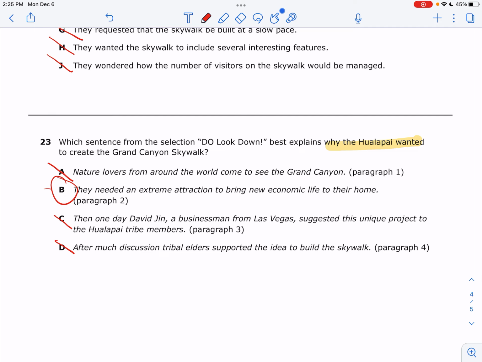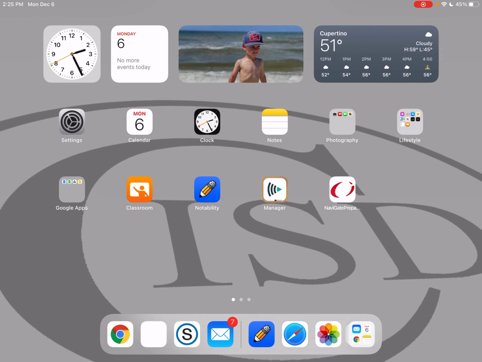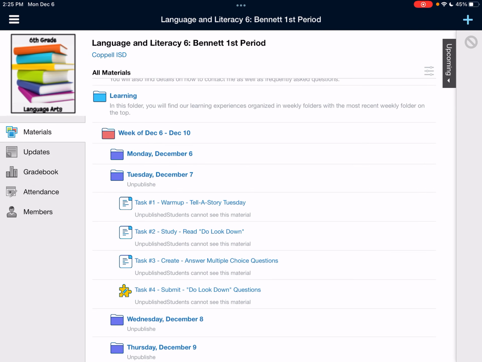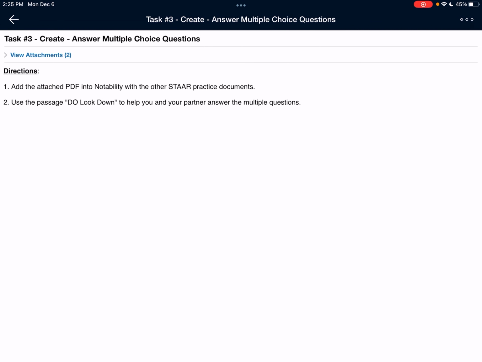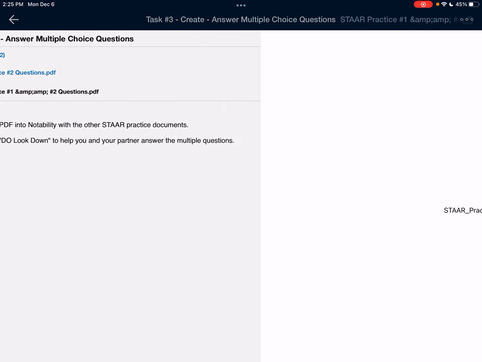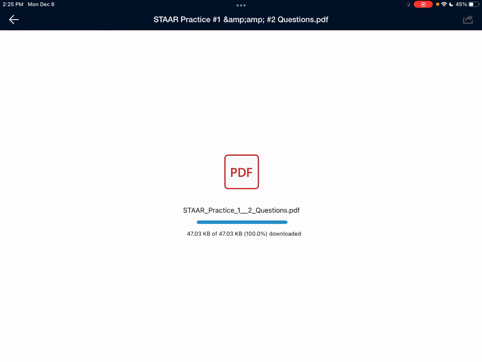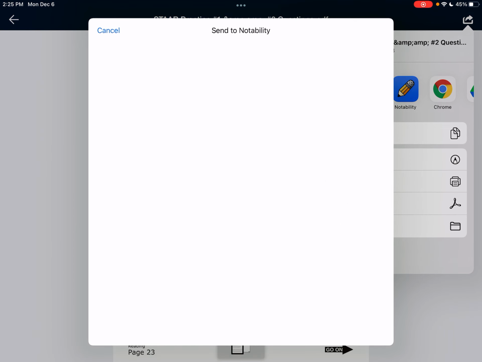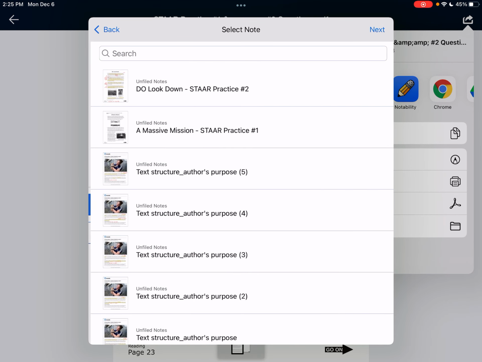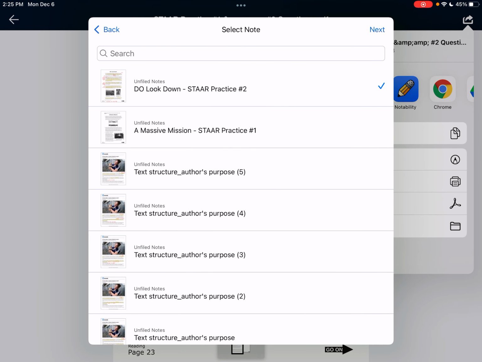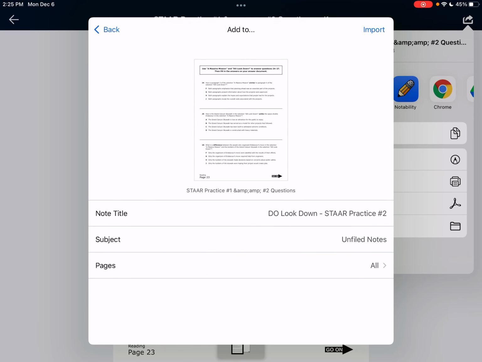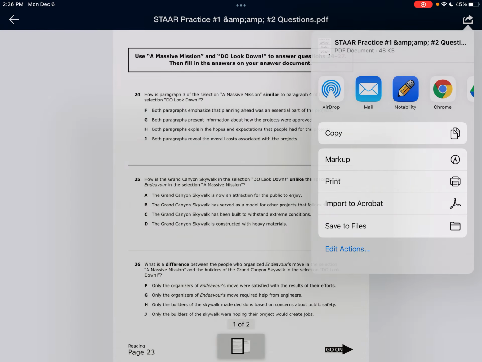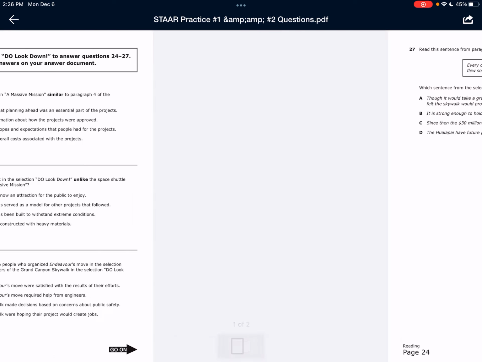Okay, bear with me a moment. I need to put this other one back into here, and then we'll go ahead and do the second multiple choice set of questions. So we compared it, we read each piece of text. Now we need to do the compare and contrast over both of them. So we're going to use both passages at this moment, and we're going to answer these questions.